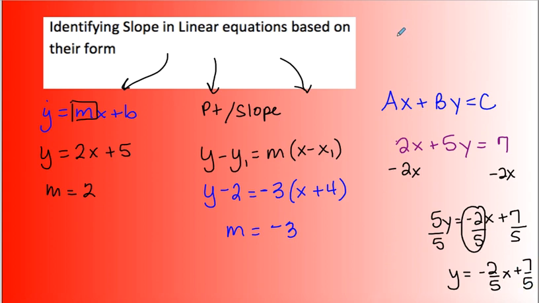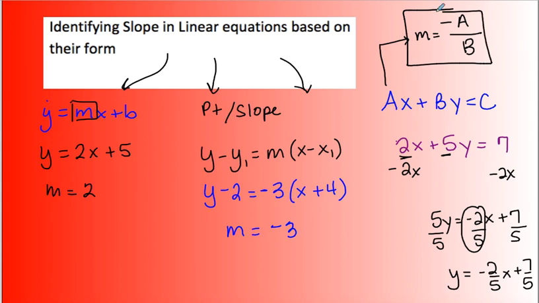Okay, another way to do it, some of you know the shortcut, is that you'll recognize that 2 and that 5, when you subtracted the 2 over, you made the a negative, and then you divided by b. So negative a over b is another way to get the slope directly from standard form without having to move it around.